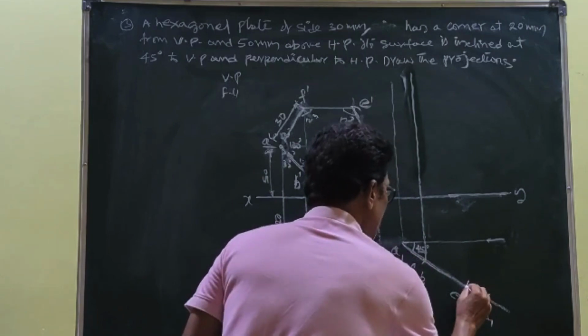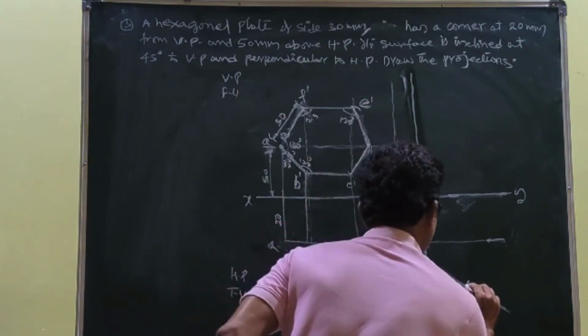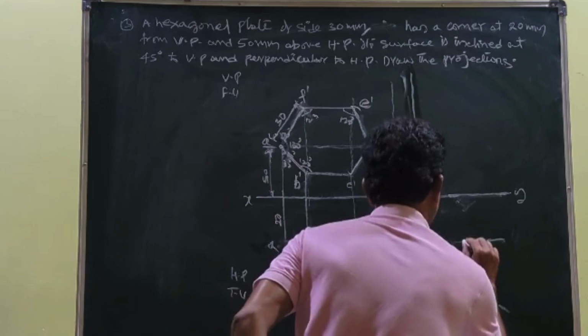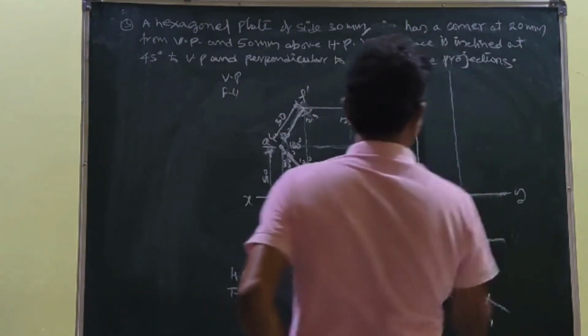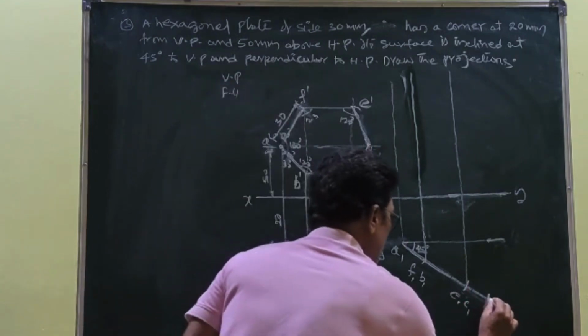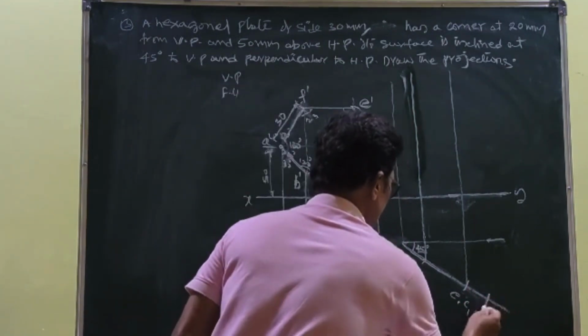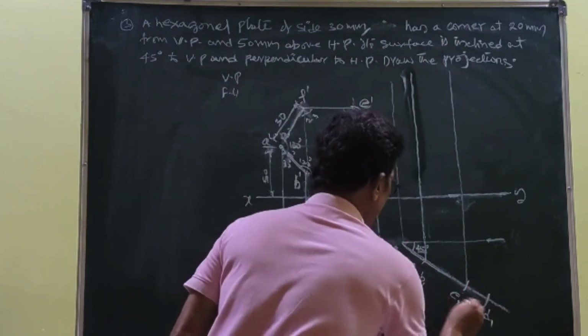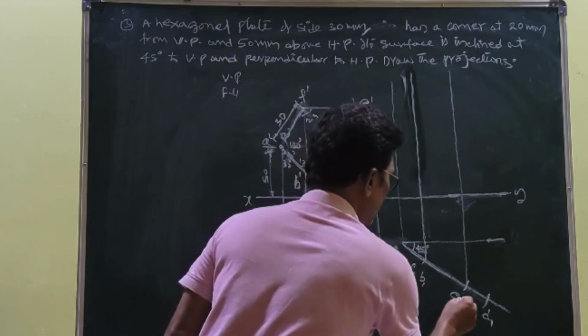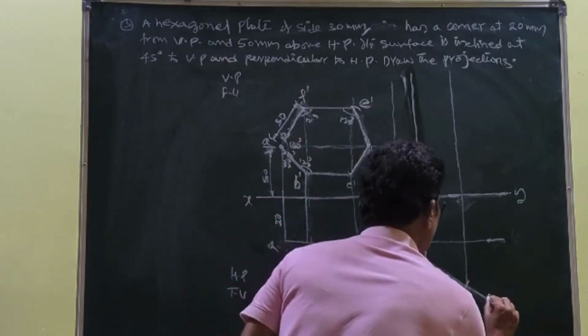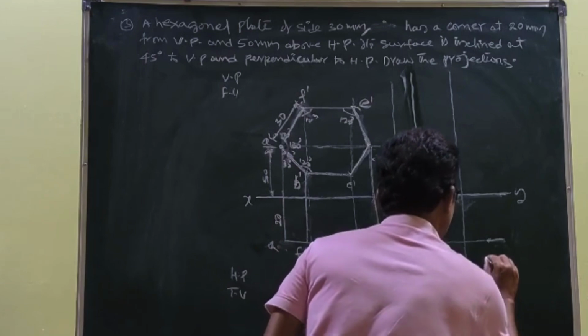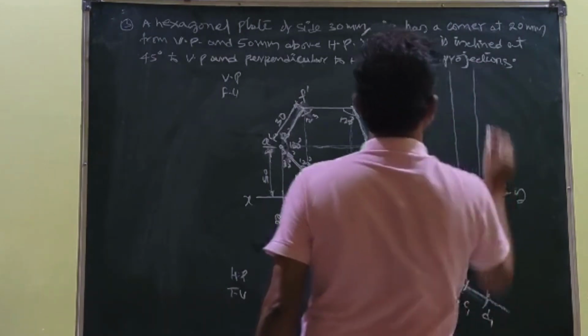Here also, E dash, C dash, you draw a perpendicular line. XY projector, like this. At D dash, D1. These are all A1, F1, B1, E1, C1, D1. D1, you draw a projector perpendicular to the XY line.